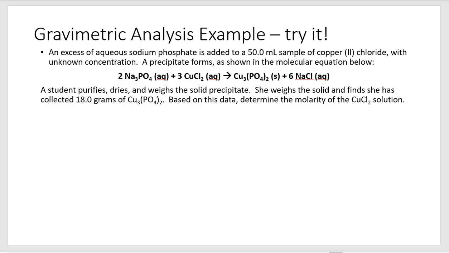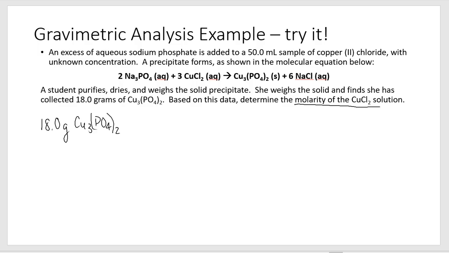That means we're going to assume all of our copper chloride gets reacted in this reaction. We do this reaction, collect, dry and weigh the solid precipitate, and find that we have made 18 grams of this precipitate, which is copper phosphate. You're trying to determine the molarity of the copper chloride solution.